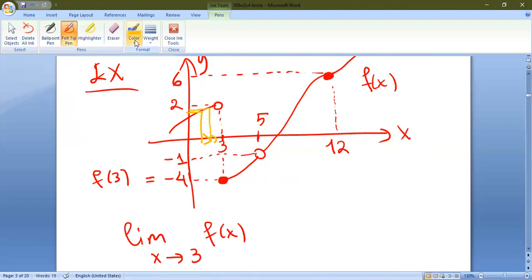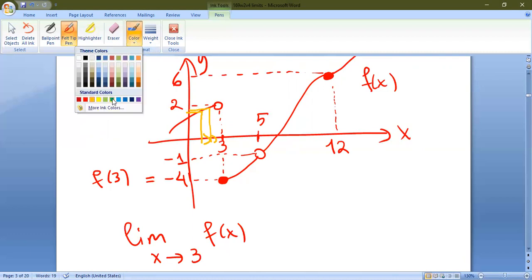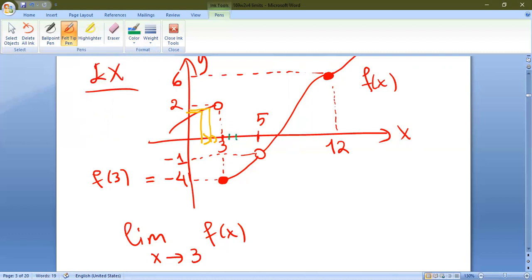But from the right, what do you see? The outputs are approaching minus 4. So these two numbers are different. So the limit doesn't exist, we say.